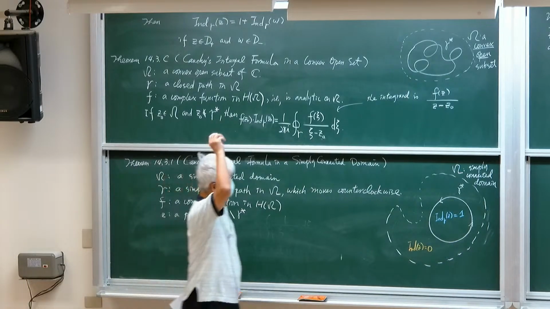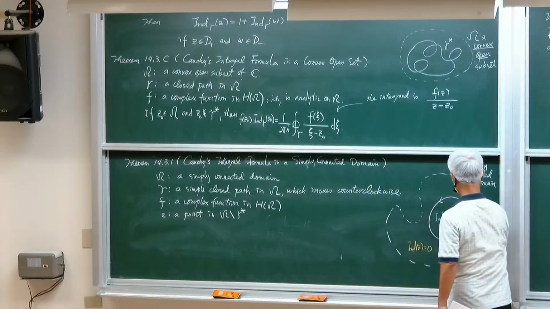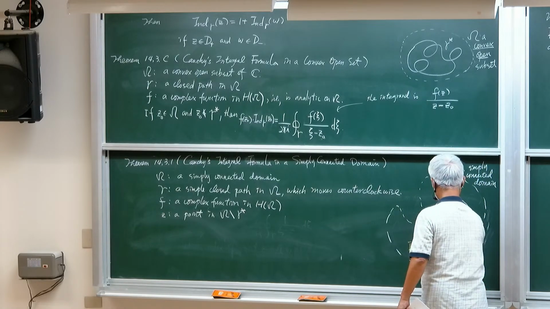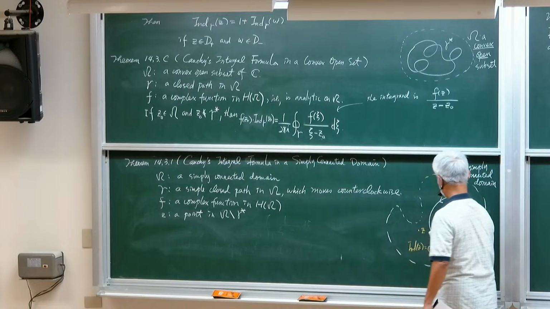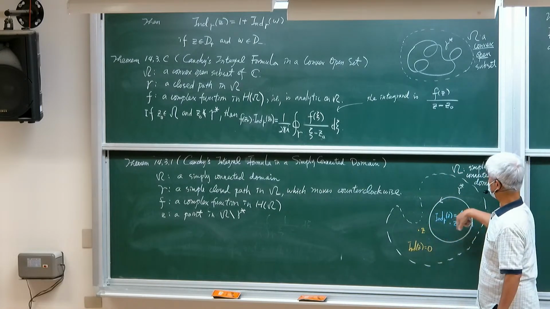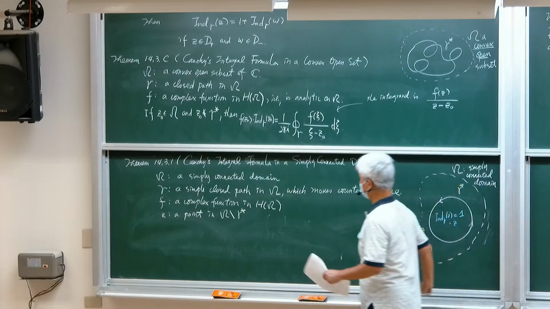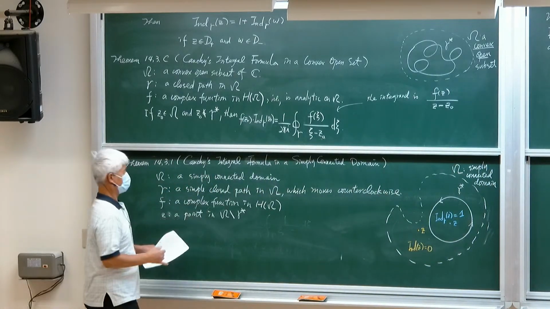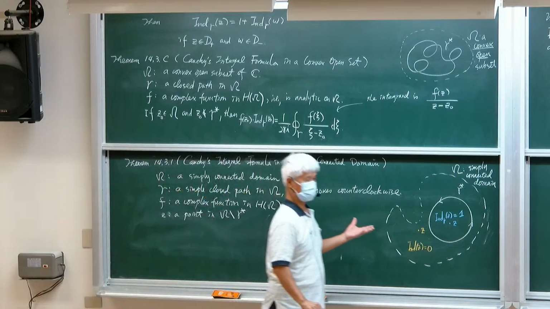So z is a point here, either here or here, inside or outside the simple closed curve. So there are two cases.